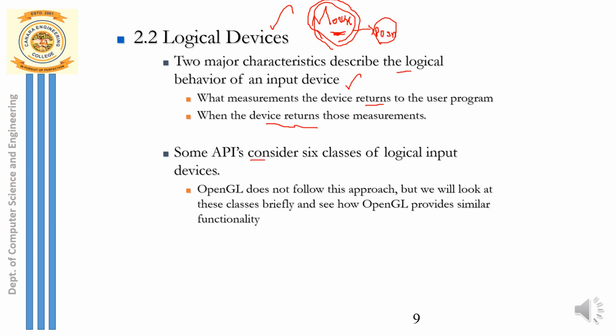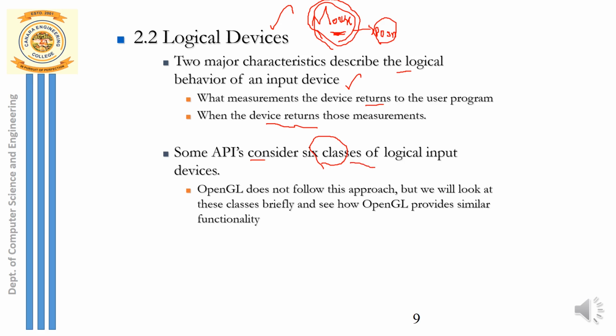We have a few APIs which consider 6 classes of logical input devices. Physical input devices are only one or two, but based on the behavior of that physical input device, we categorize it into 6 classes of logical input devices.